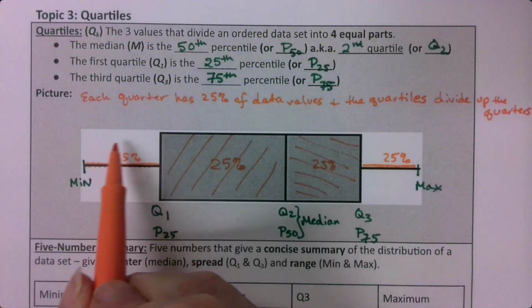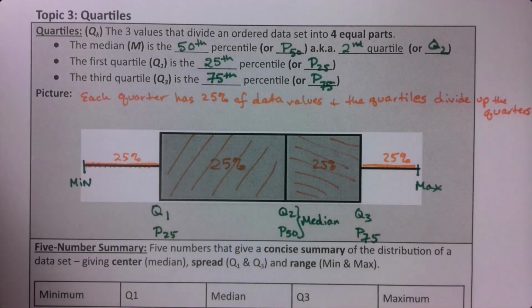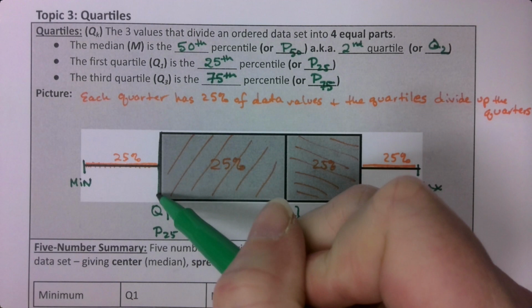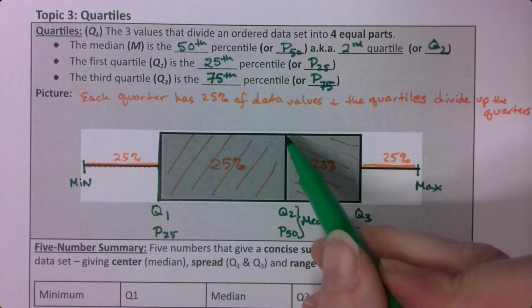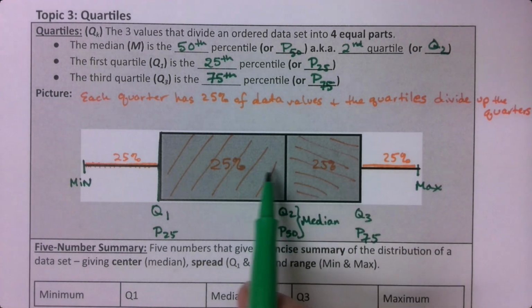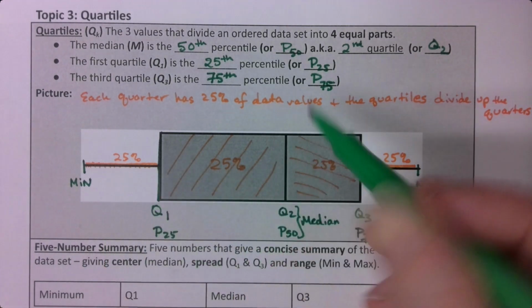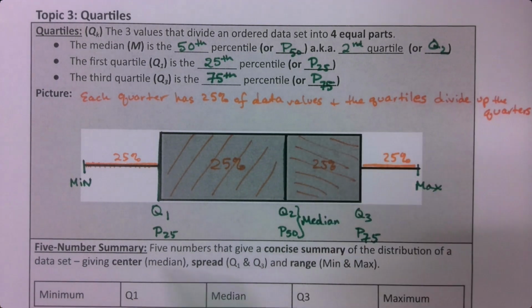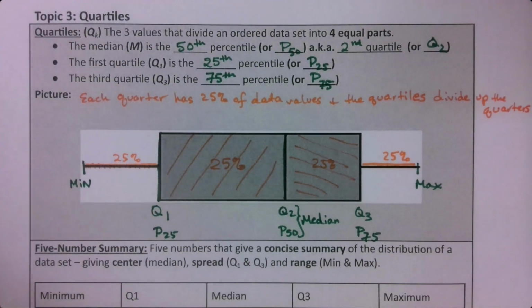This is the first quarter, so this is the first quartile. This line right here, this vertical line where this hits on that number line, that's the quartile. 25% is below it. This is the second quartile, and then 50% in total is below that. The quartiles divide up the quarters. So the orange bits are the quarters, and the green bits, if you will, are the quartiles.